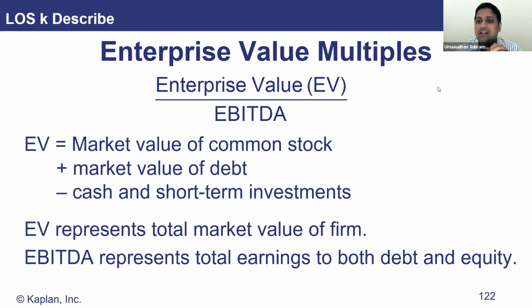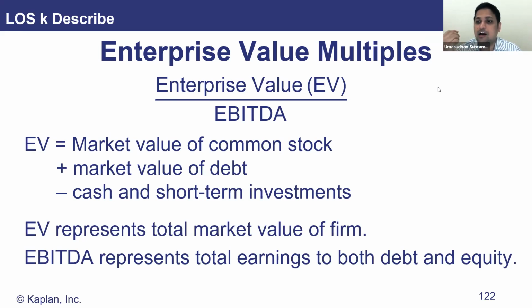Point number two, we are talking about the market value of the debt. Most likely you will be given the book value of the debt in the balance sheet. If the book value is equal to market value, it's fine. If not, if you have a bond which is trading in the market, then you probably need to take the market price of the bond and do a mark to market on your bond liabilities.